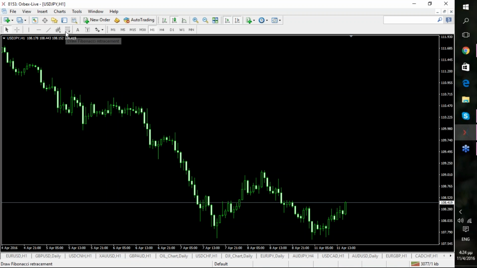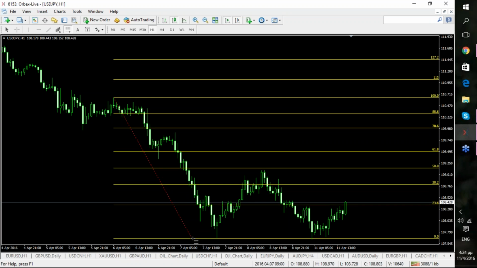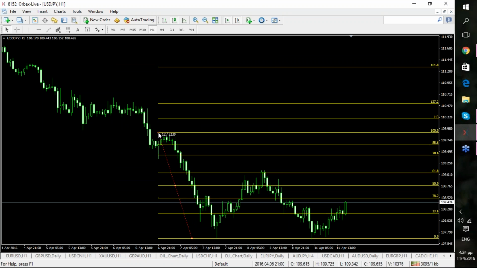So I would like to pull my Fibonacci and look at what level it has retraced or corrected. As you can see, we've got it at 50% if I've pulled it from there. But if I go lower to this level here, you can see it at 61.8, and you can also see there is a sort of double bottom area here, and that usually signals an upward move.